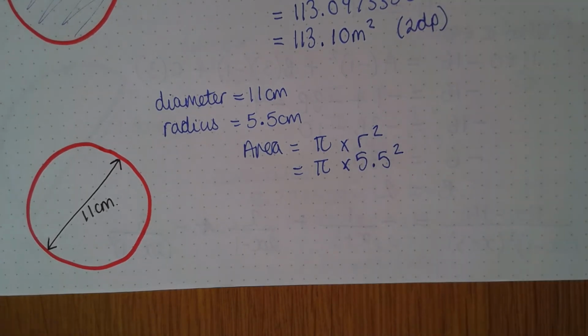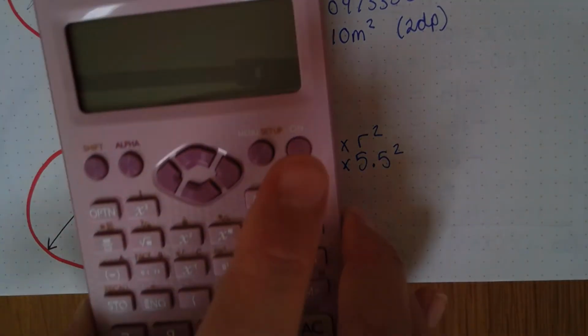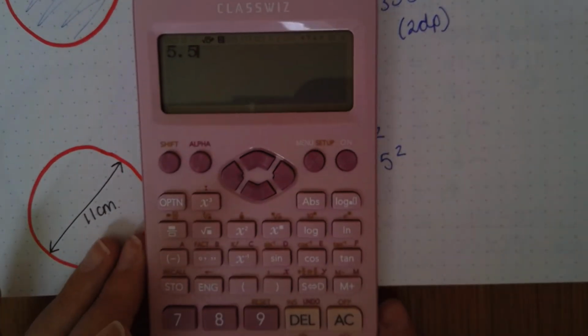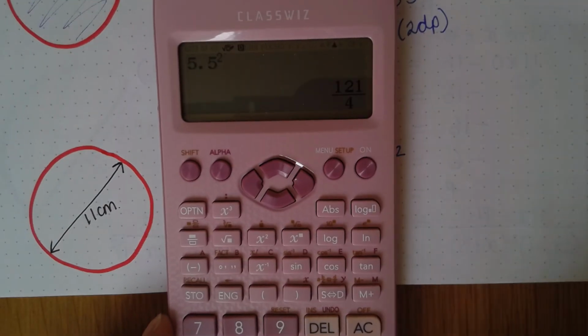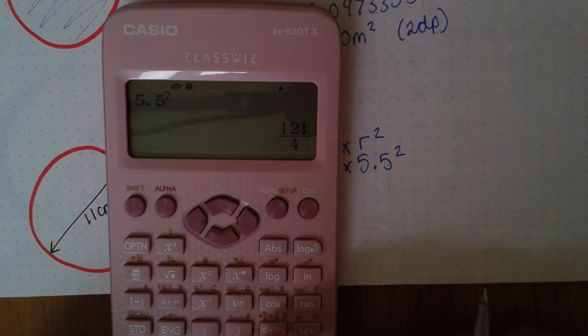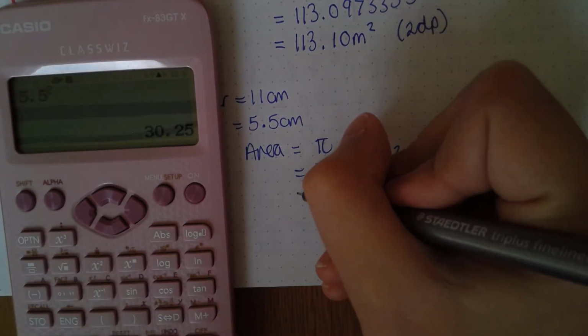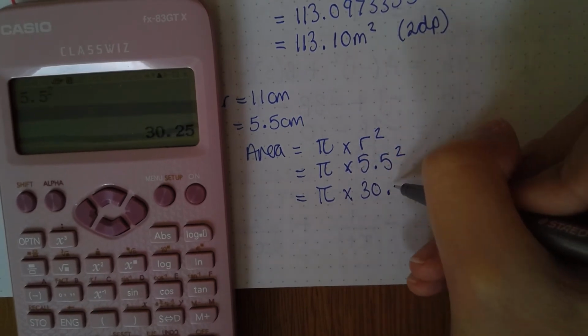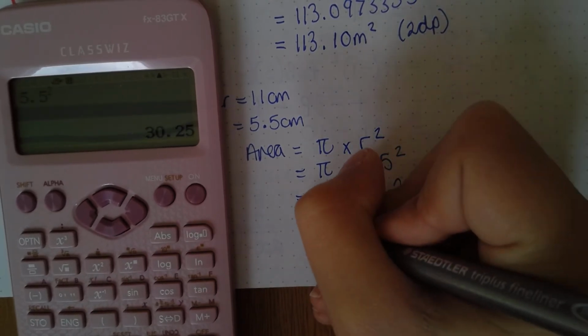squared. I don't know what 5.5 squared is, so I can type that in, 5.5. Now either you can put 5.5 times 5.5, or you can press the little squared button. Okay, so S arrow D, so that means pi times 30.25.